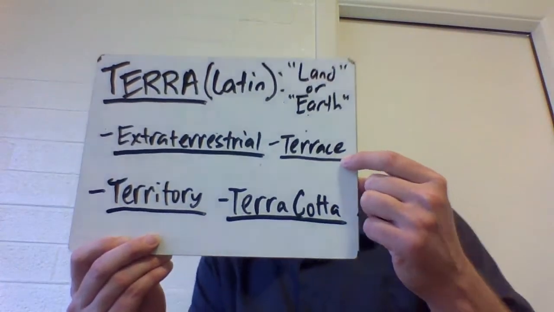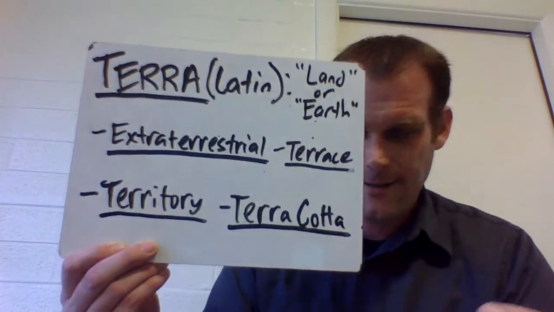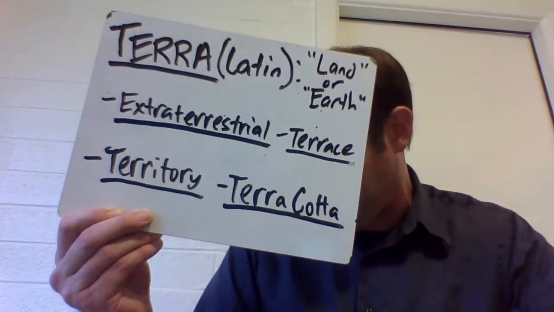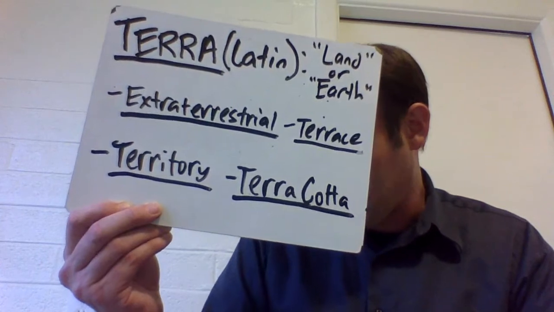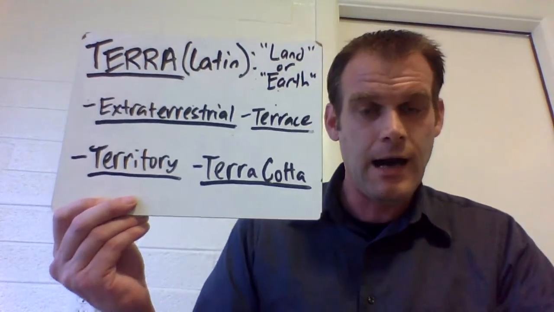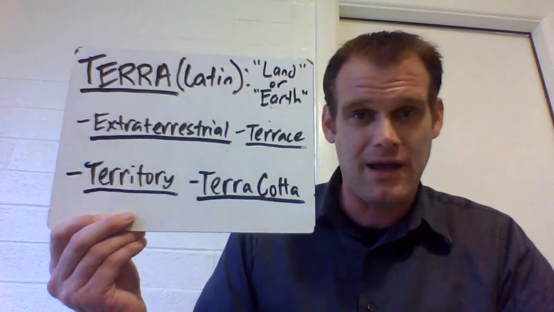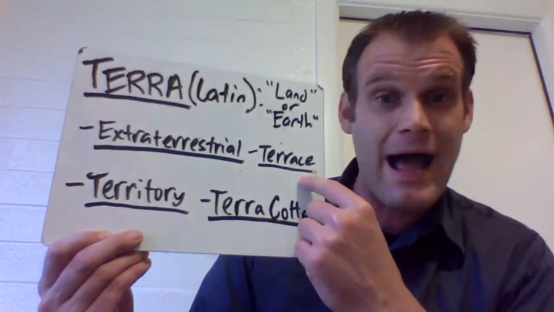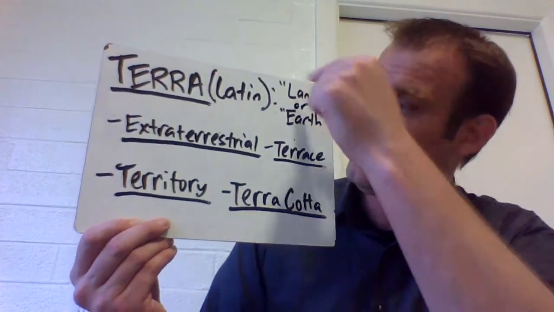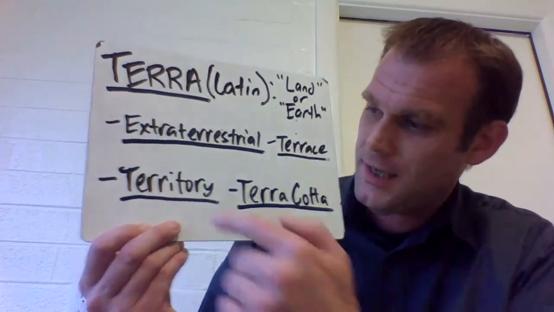A terrace is kind of a raised flat mound of dirt or earth that looks like a platform with sloping sides. For instance, in baseball, you might call that the pitcher's mound, but we would also call that a terrace because it's made out of land or earth.